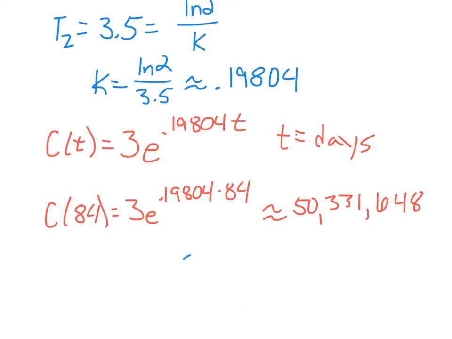So 5% of that number ends up being 2,516,582. And that's the critical. And again, these are really amazing numbers, because we're talking about the doubling rate being 3 to 5 days.